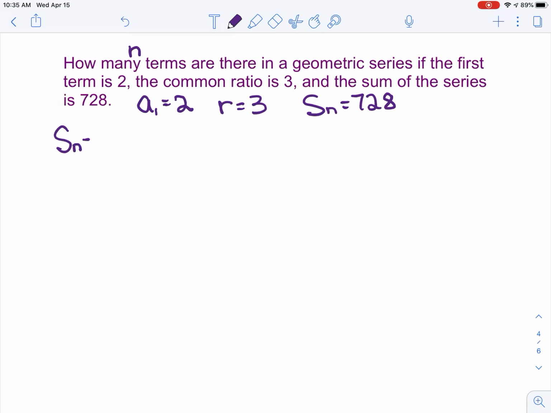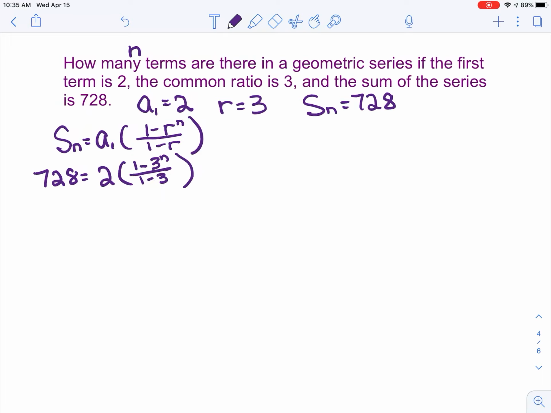So S sub n equals a sub 1 times 1 minus r to the n over 1 minus r. Okay, let's plug everything in. Your sum is 728 equals 2 times 1 minus 3 to the n all over 1 minus 3.